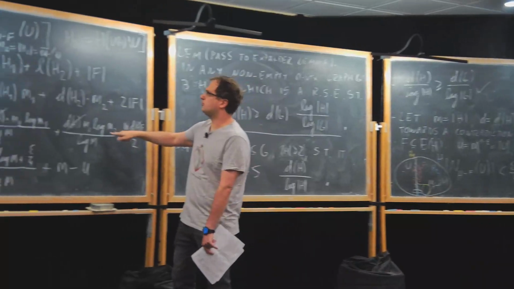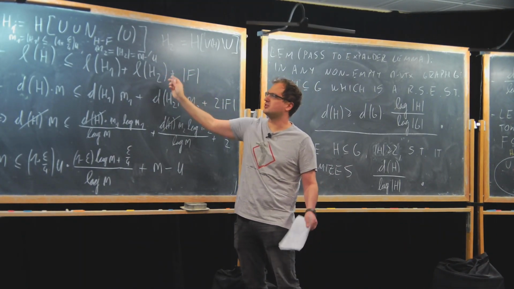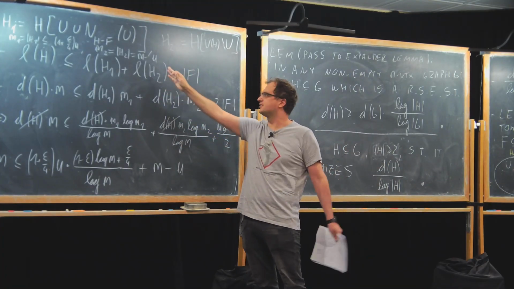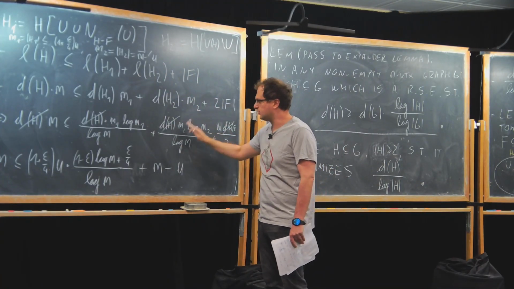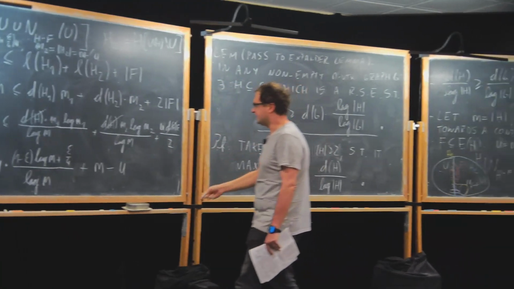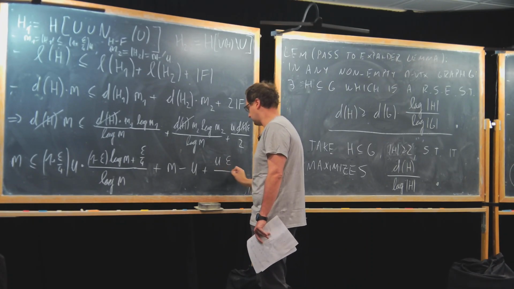So m2 was m minus U, and we are thinking of U also as being a relatively small set. It works for any U, but realistically interesting stuff happens there. So this is also not that bad of an inequality, and we get this U epsilon over 2.